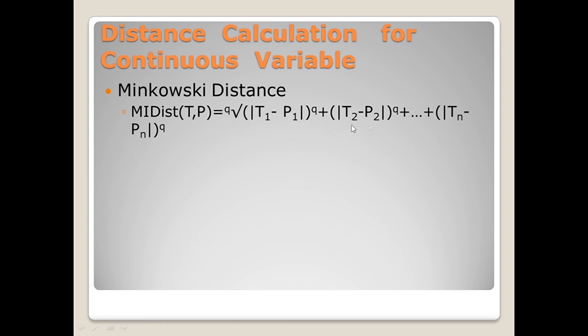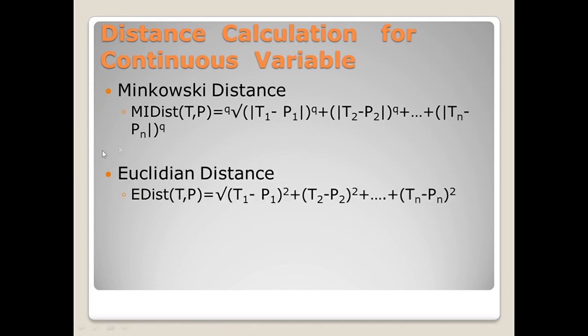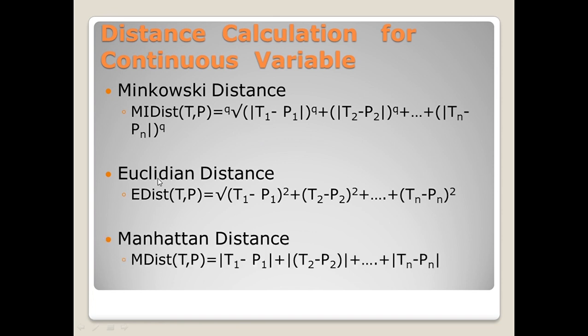Assuming that T1, T2, Tn are the attributes for the training set and P1, P2 and Pn are the attributes for the test set. The q value defined in Minkowski's distance is a user defined value. If we put q as 2, the distance becomes Euclidean distance. And if we put q as 1, then the distance becomes Manhattan distance.